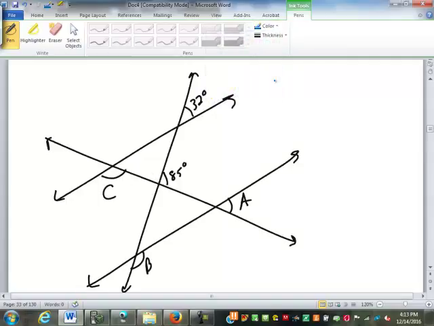How can I possibly do that? Well, this is 32. What's this one have to be? 32. This one here would have to be 148. What's this angle here have to be? Well, that's a straight line, right? So 180 minus 85 is 95 degrees.